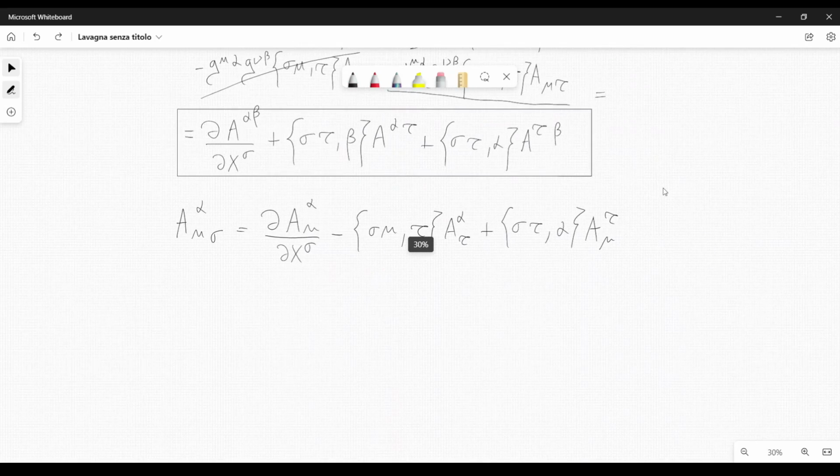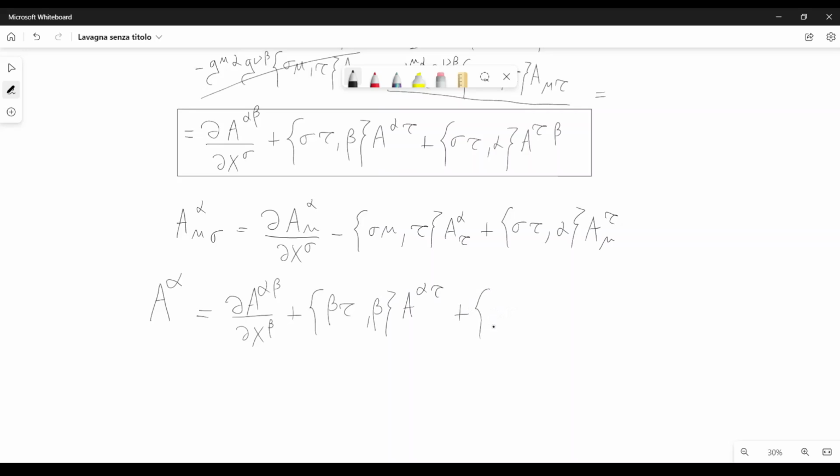So if we contract the indices beta and sigma, on the left I will have only a vector with an upper index alpha, and on the right I will have to contract this expression here, and I can write it as ∂A^{αβ}/∂x^β plus Γ^β_{βτ} A^{ατ} plus Γ^α_{βτ} A^{τβ}.